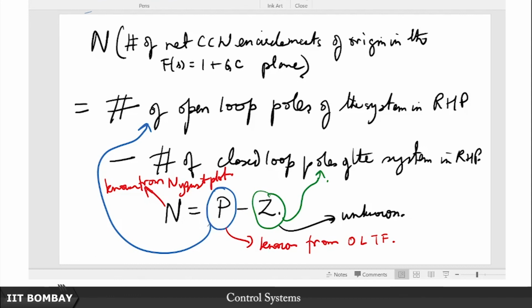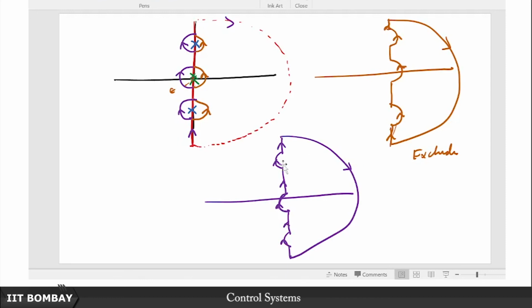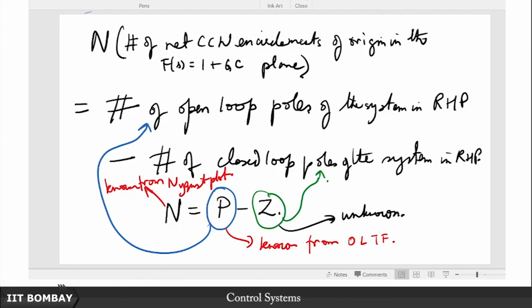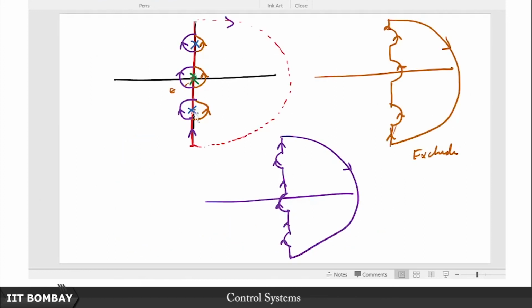So obviously when you are including this, then this P count will consider these open loop poles as inside. On the other hand, if you are excluding them, then this pole count will exclude them, so they will not be counted as inside this contour. So that's the difference. So this excludes and this includes. Okay, so there are two ways of going about it, as I said.